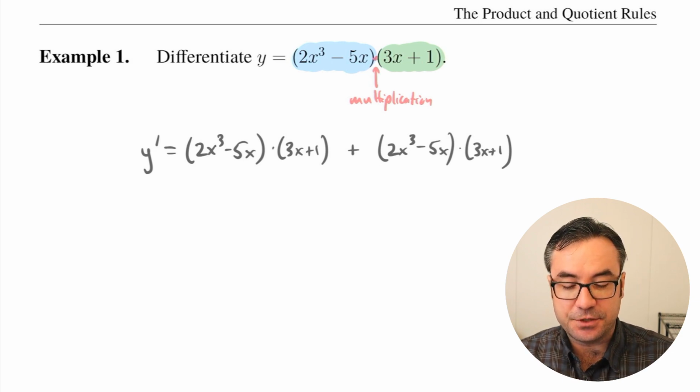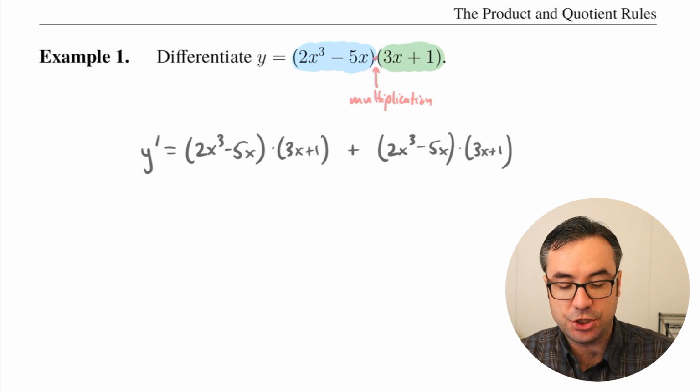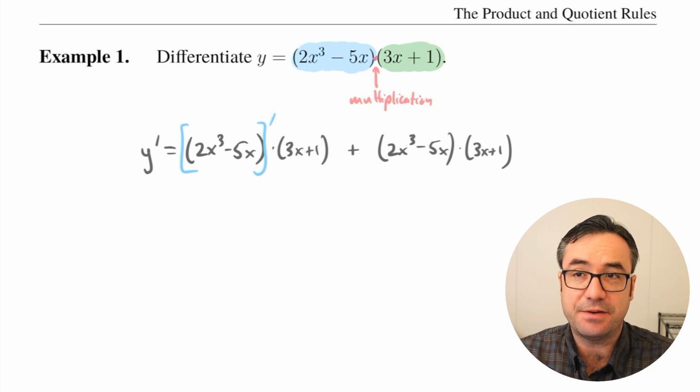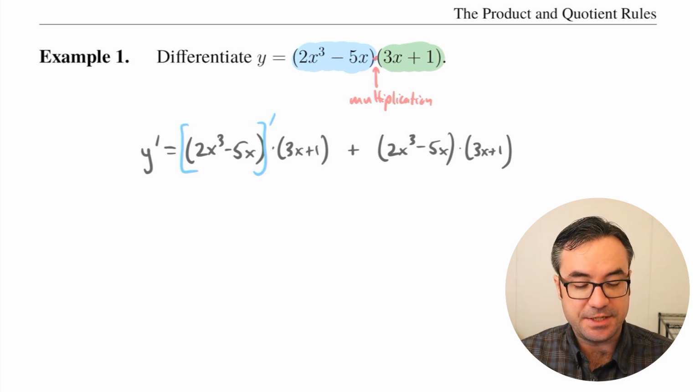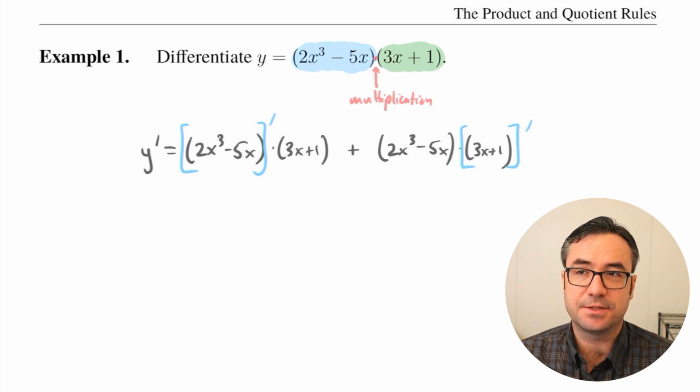In the first copy here, we're going to differentiate just the first part of our function, so we apply the derivative to just that first part. And then in the second copy, we apply the derivative to just the second part. That's what the product rule says.